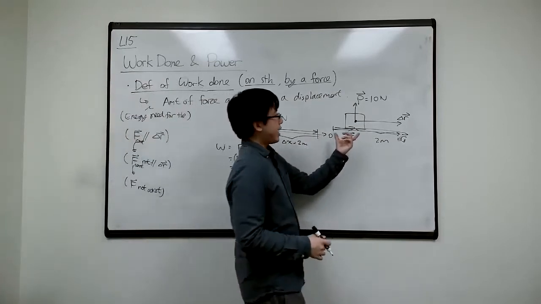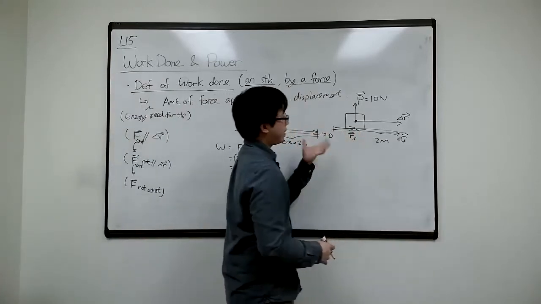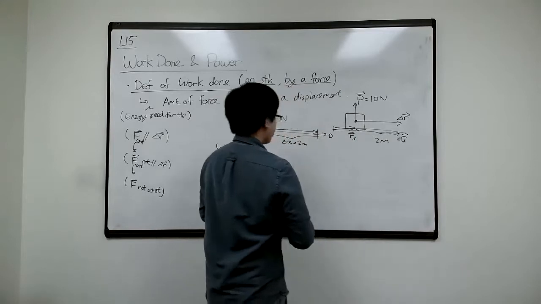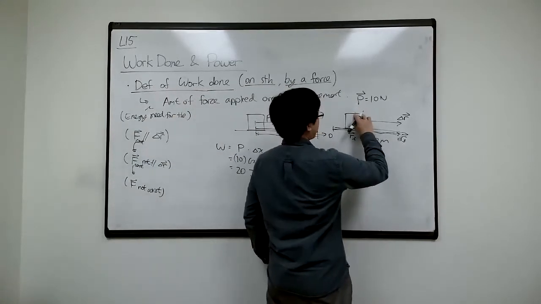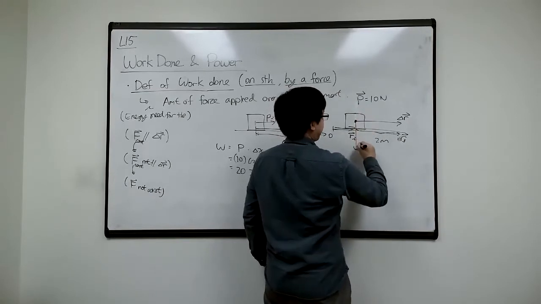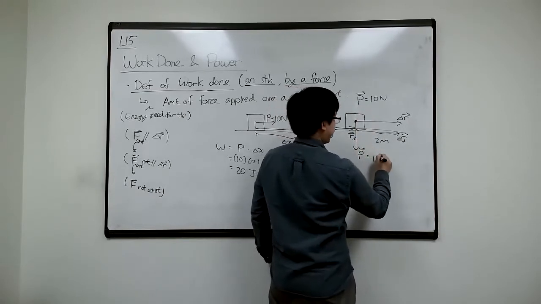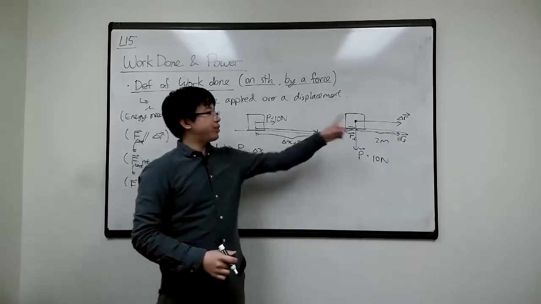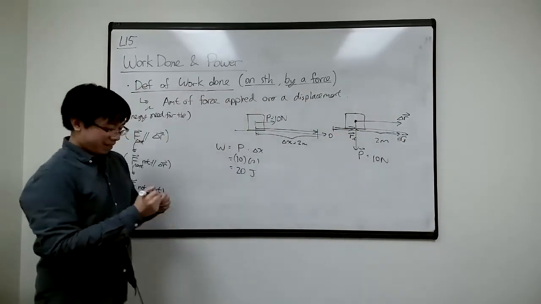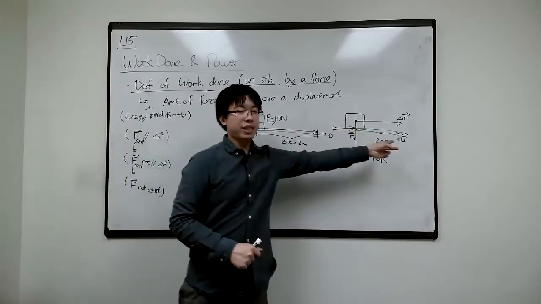What would be the work done? Let's say I push it downwards with 10 newtons. If I push it down and it moves that way, first of all, it doesn't make sense.